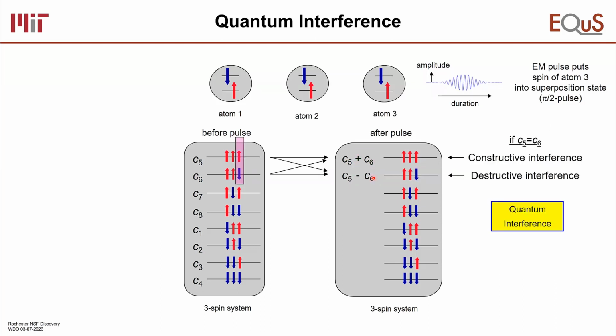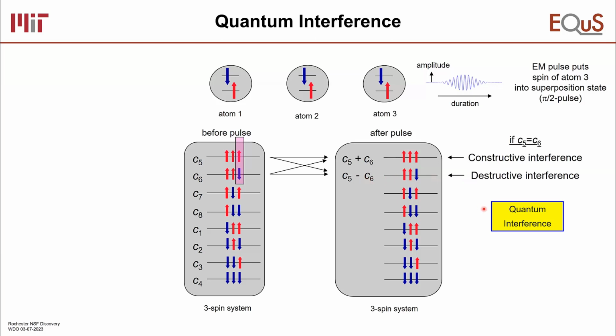And so what we see is that if C5 equaled C6, doesn't necessarily need to be so, but if it did, then what we would see is that the weighting coefficient on up, up, up doubles, and the weighting coefficient on this spin down part completely destructively interferes and in fact equals 0.